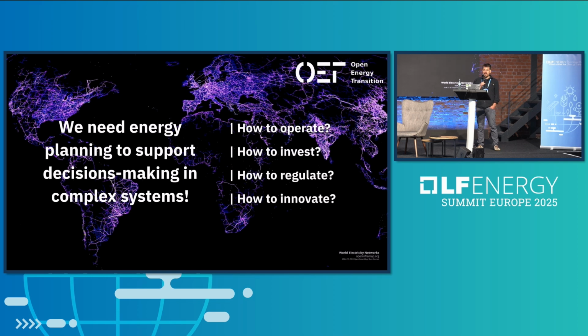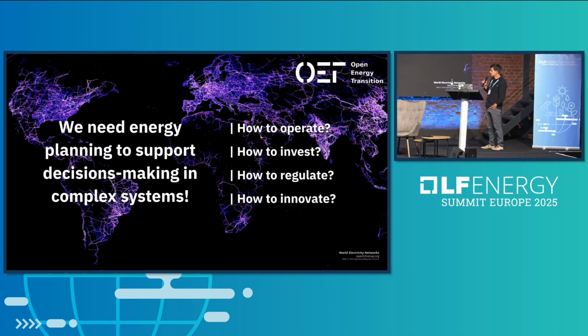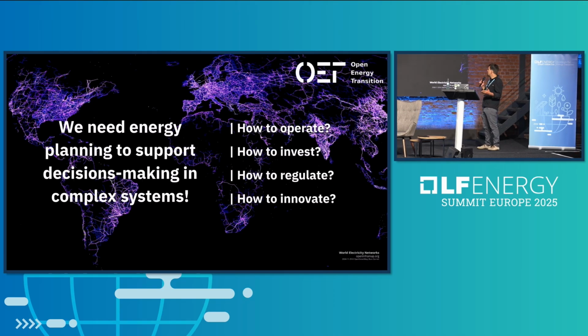But to make it really professional and not opinionated by some political parties, we create software so that you can use open data to make something that is traceable, so that you can get into a conversation about why we plan these energy systems in this way and how a good energy system for this planet actually looks like. And what we do there is we look into how to operate your energy system, but also how to invest into your energy systems, how to regulate it, but also how to innovate it.